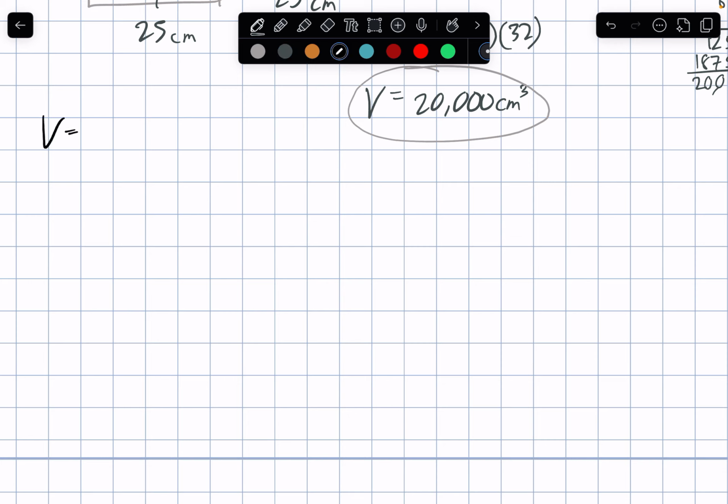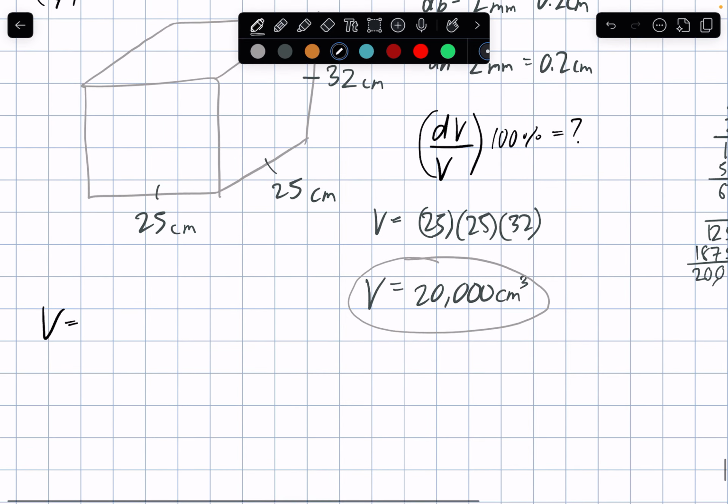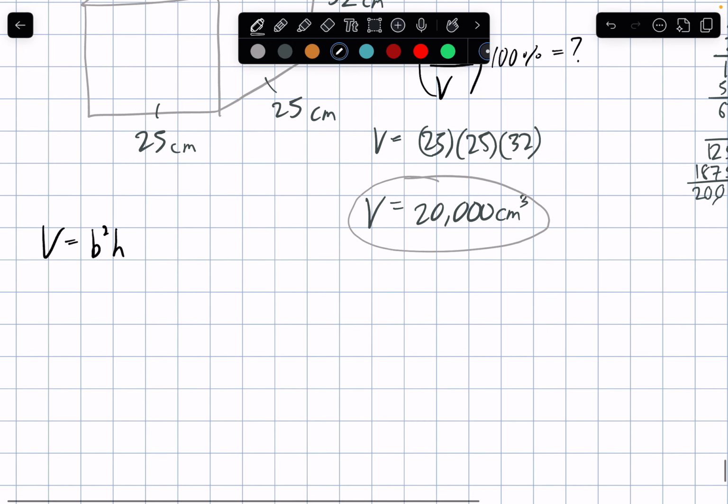So we all know that the volume is length times width times height. But since length and width are equal, let's just say base squared times h. So what we can do is manipulate, because we want to express the formula this way. We all know that the base is 25, right? And then the height is 32.